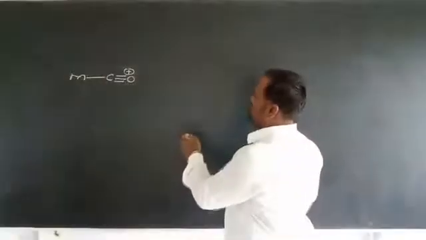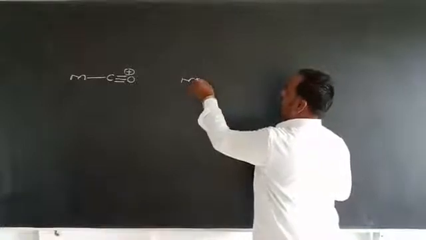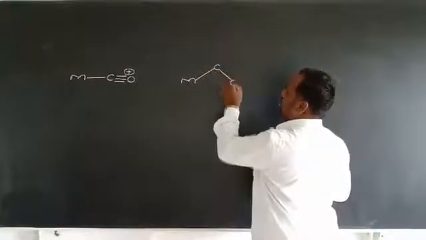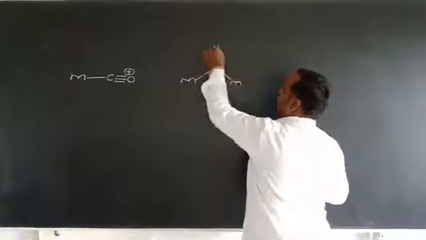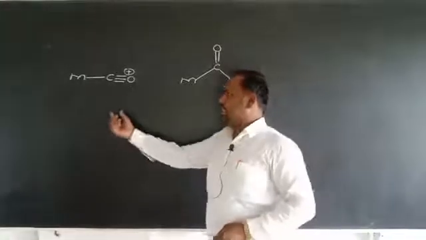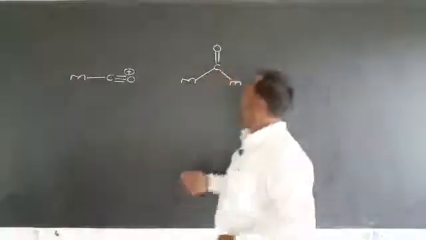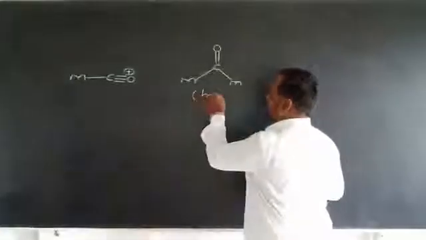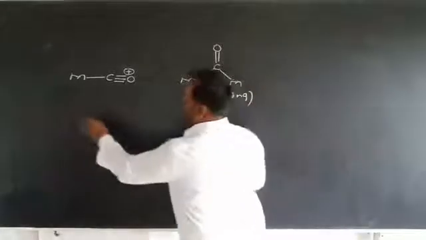If you consider another example, where two metal atoms are attached to the carbonyl ligand, with a metal-metal double bond, then in this case this carbonyl is a bridging carbonyl, and the other is terminal.